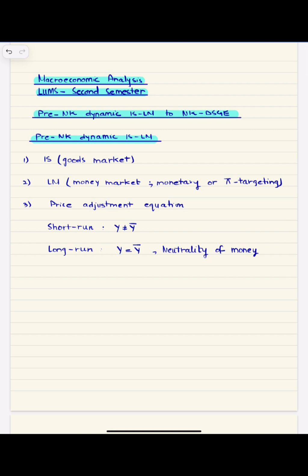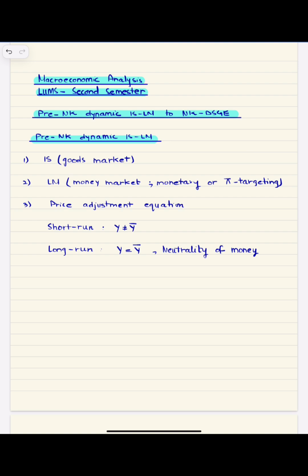Today I'm going to talk about how we move from the pre-New Keynesian dynamic ISLM to the new Keynesian DSGE model. In the pre-NK model, we had an IS curve which we derived from the goods market. We had an LM curve derived from the money market, and we discussed two possibilities: that either the central bank could have monetary targets or inflation targets.